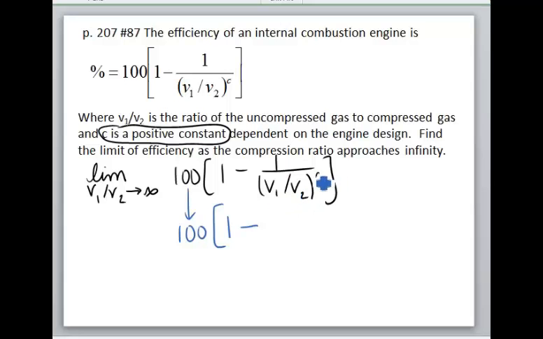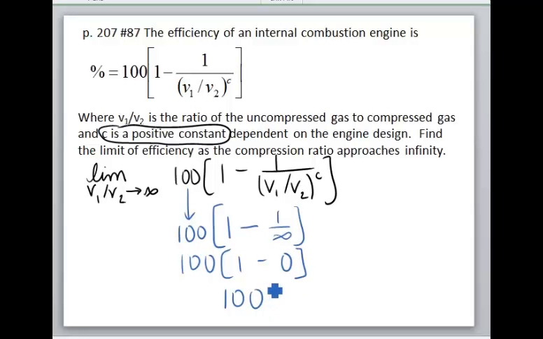Let's say this is a 2, 1,000 to the second power. This may be a 3, 1 over 1,000 to the third power. So this number is getting very, very large, and this number is just a positive constant. So it's 1 over a really large number, so 1 over infinity. This ends up giving me 1 minus 0, and I end up with the answer of 100.